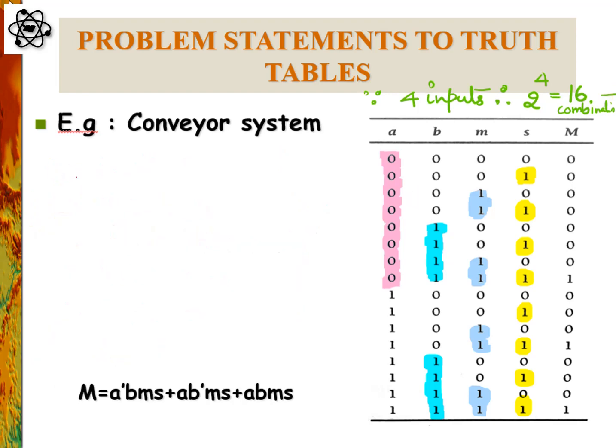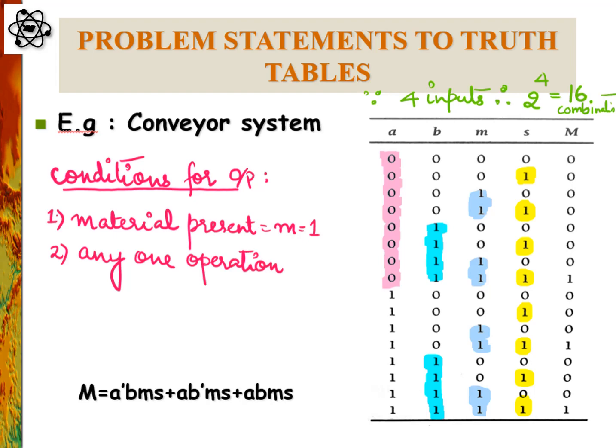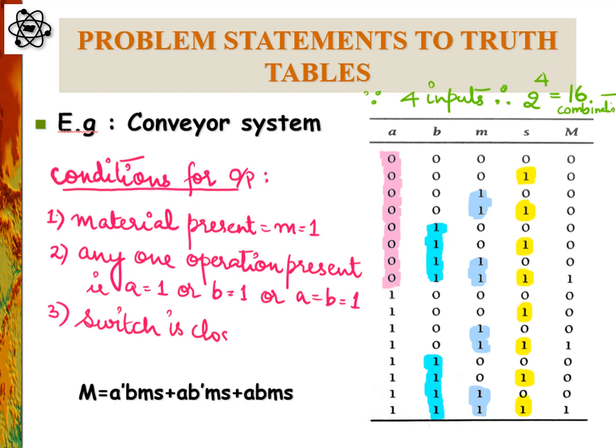Now let us see the condition based on which we obtain the output capital M. The first condition is that the material should be present, that is small m is equal to 1. Secondly, any one operator, either A or B, should be present, or both of them can be present, that is A or B equal to 1.